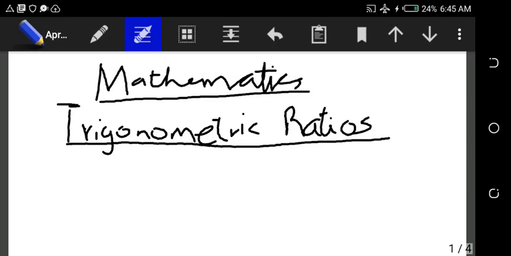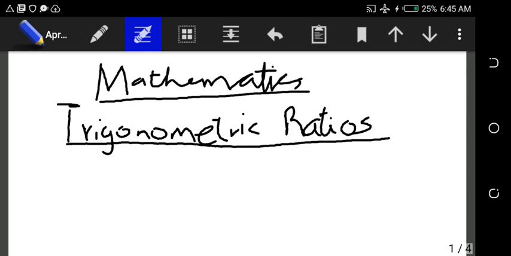Now we have the basic trigonometric ratios, commonly sine, cosine, and tangent, what is commonly referred to as sine, cos, and tan.